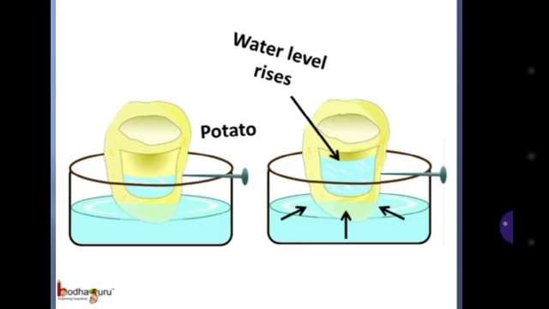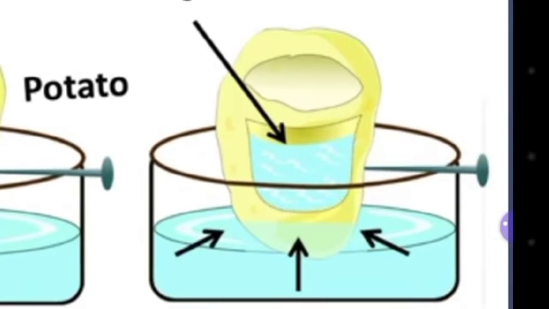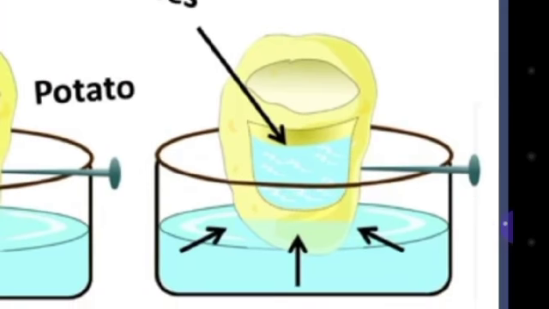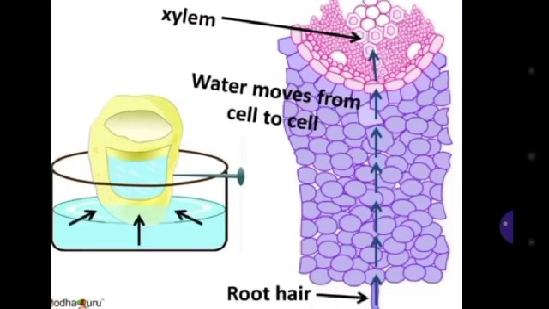How does this happen? Water travels from one cell to another cell and enters the cavity inside the potato. This is the same way that the plant water enters into the xylem from the root hair to the other cells.